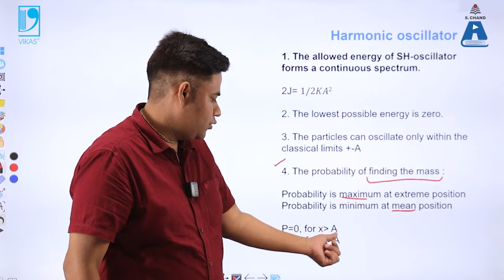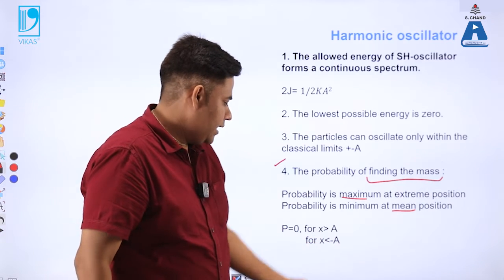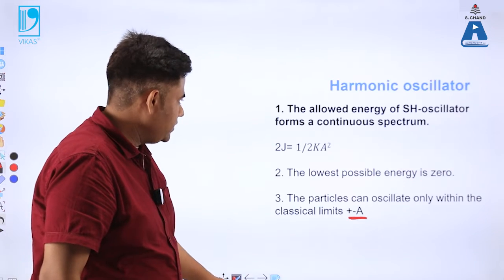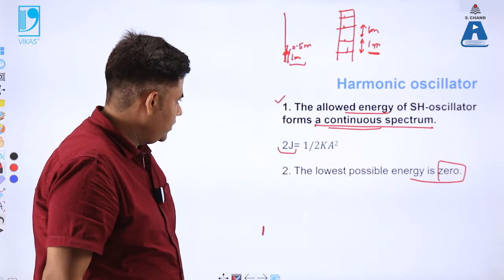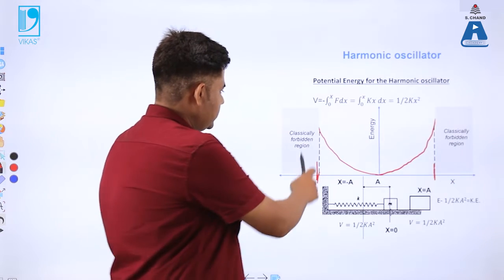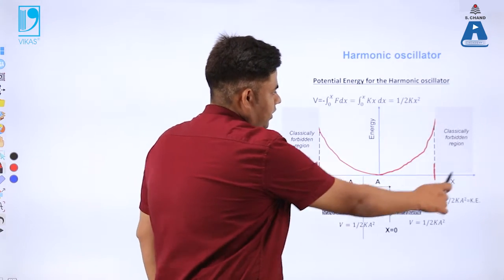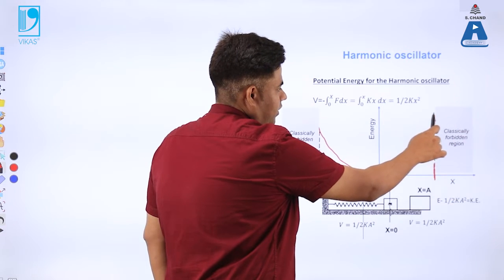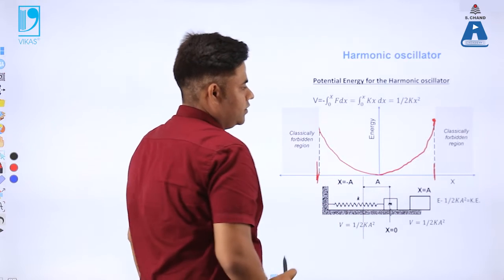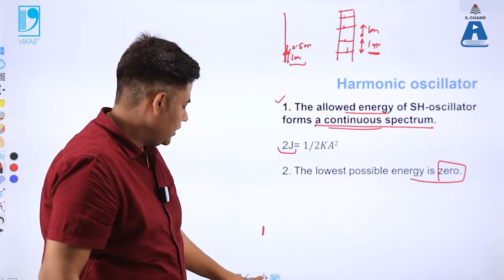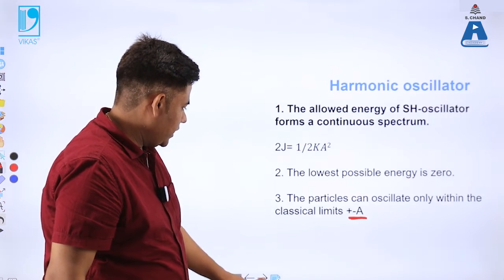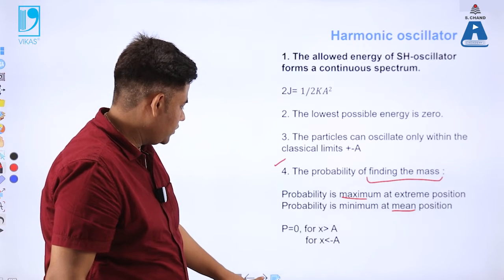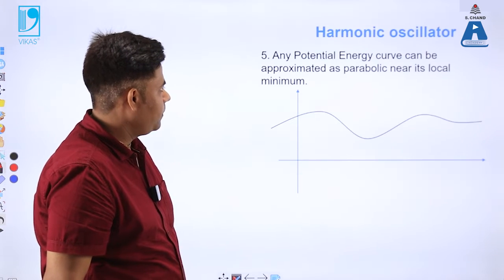That means when x is more than a and when x is less than minus a, that is the region of forbidden zones. At these regions we will not find the particle, rather the particle will come to this position and then it will turn back. So this is the fourth conclusion that has been drawn from the system.